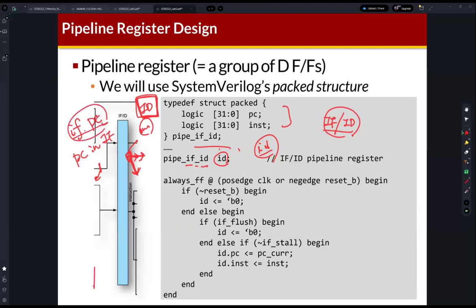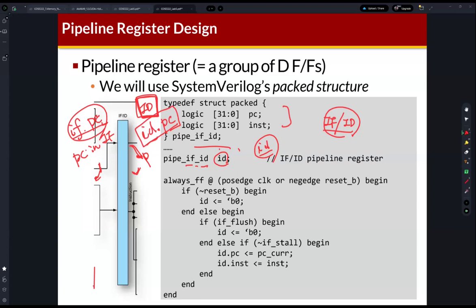But this PC is propagated from instruction fetch to the ID stage. Then what is this PC? This PC is the PC signal in the ID stage, so we can represent it as ID dot PC.